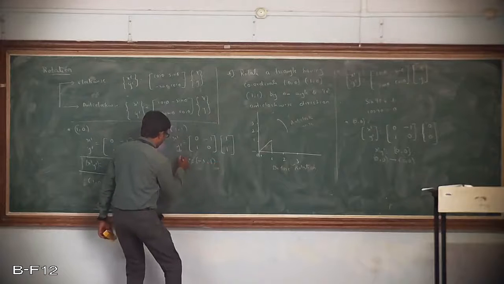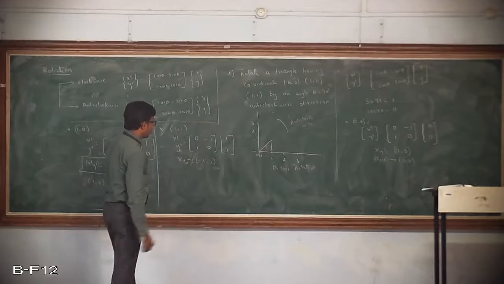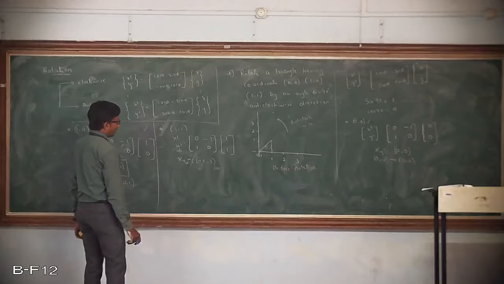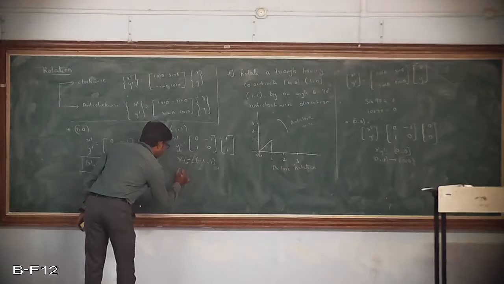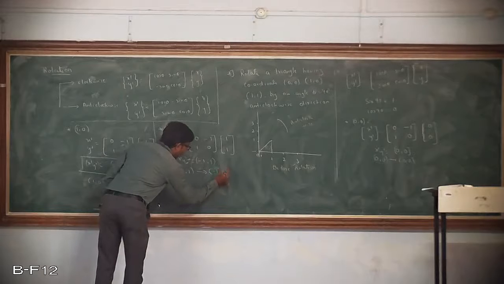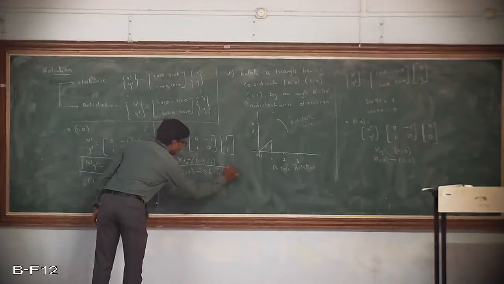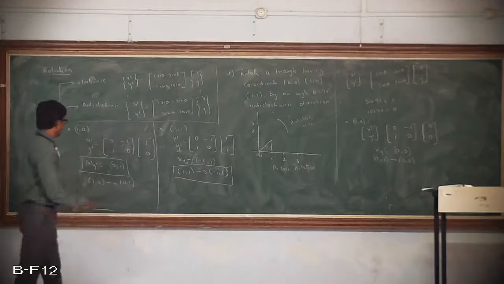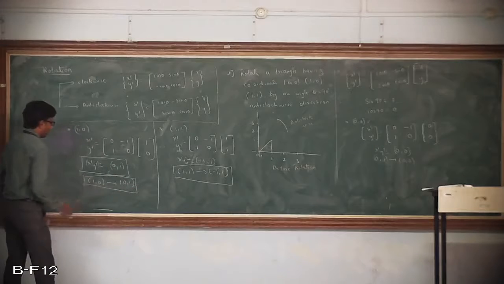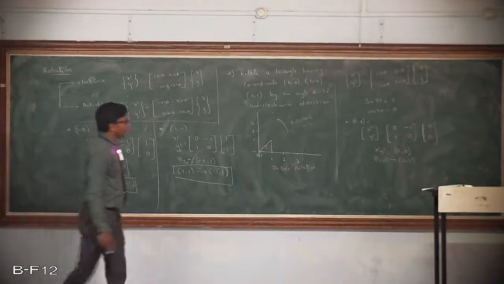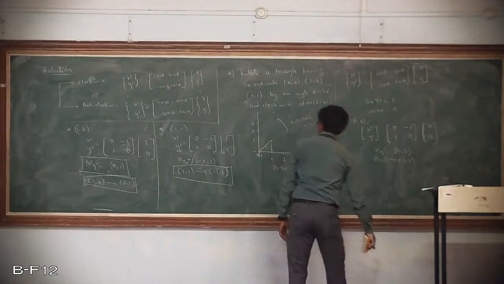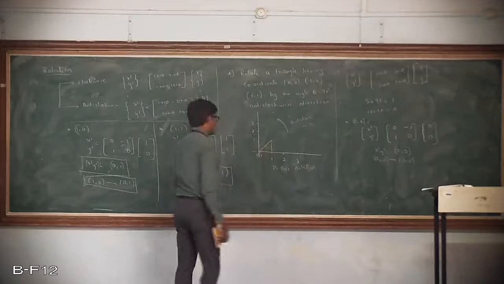So this will be x dash y dash. If you see this particular case, you can conclude that from 1 comma 1 it has now shifted to minus 1 1. So these are the three coordinates which you will be getting. 1 comma 0 is shifted to 0 comma 1, 0 comma 0 is shifted to 0 comma 0 only, and 1 comma 1 is shifted to minus 1 1.